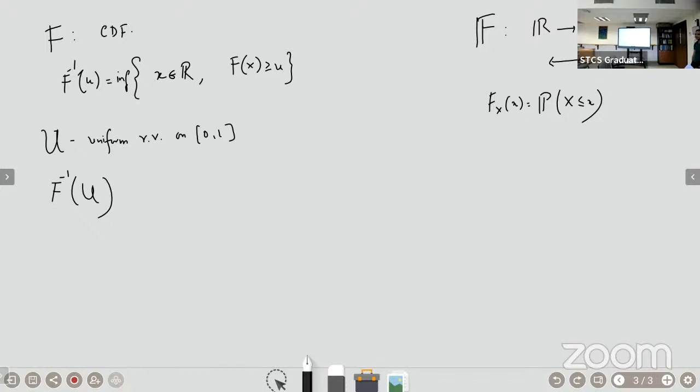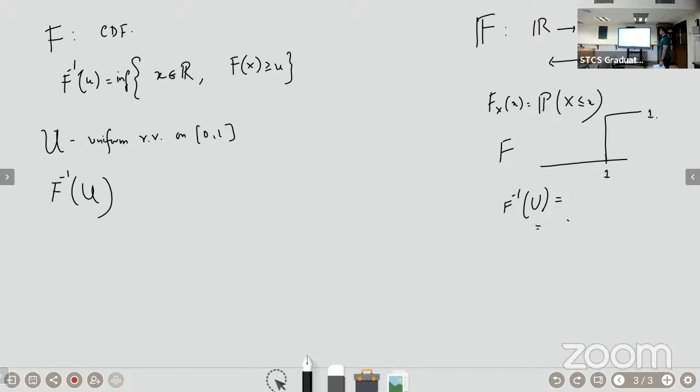It will be 0 for all. Example F is 0 and suddenly this is value 1. Now what is the F inverse of U?